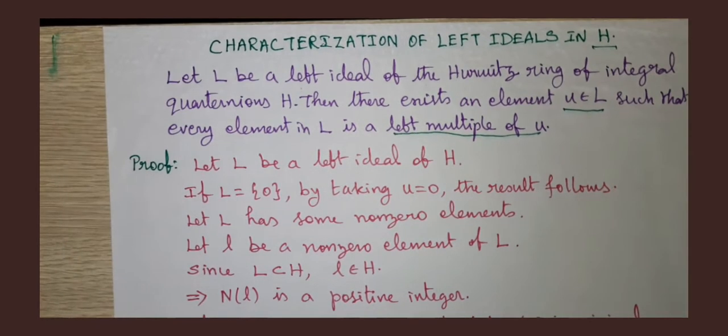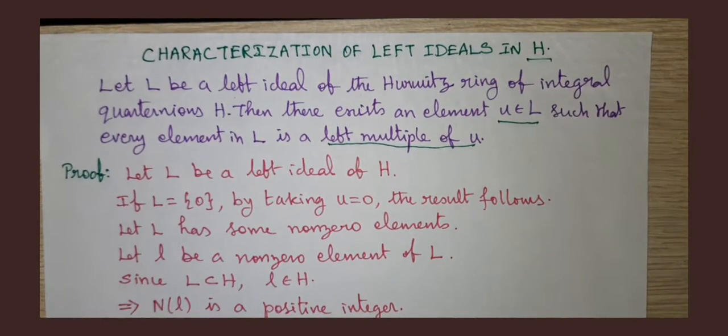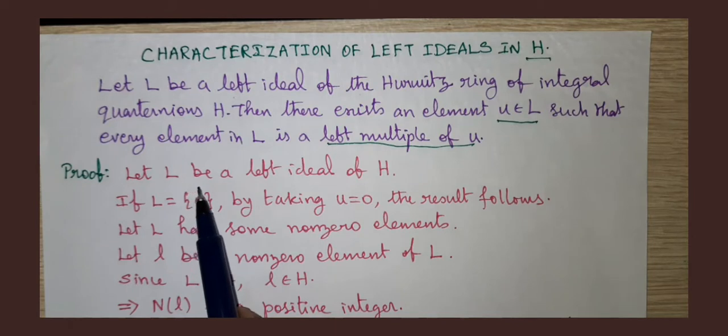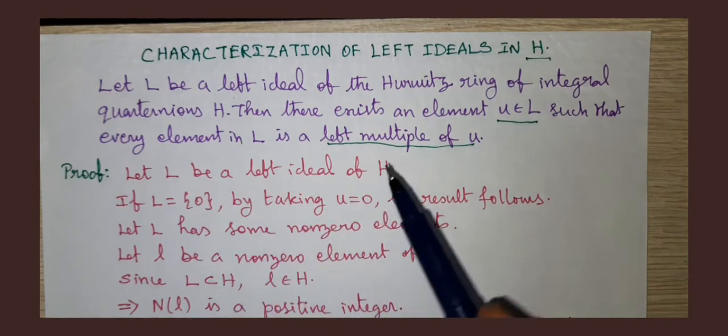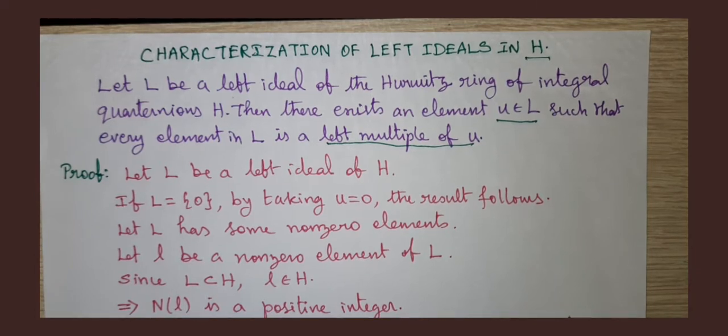Okay. Now let us go to the proof. We are taking L as left ideal of H. There are two possibilities. This L may consist of only one element 0, or it may consist of non-zero elements also.